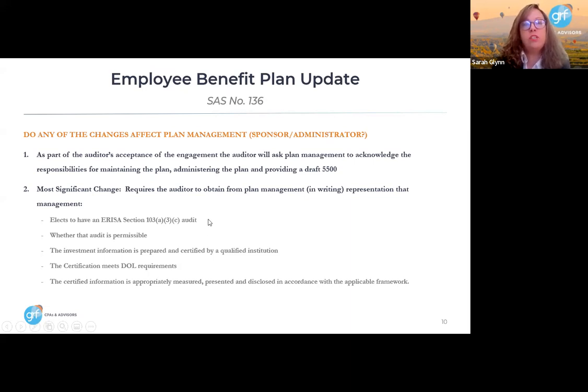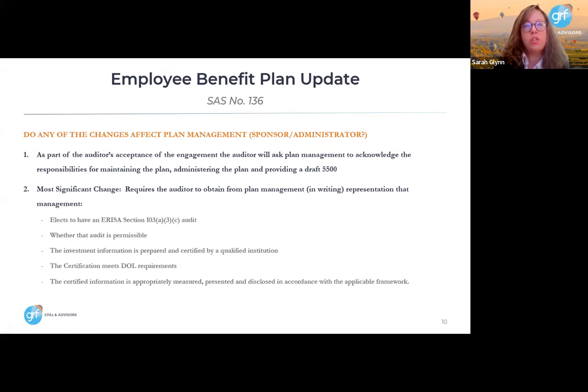So how do any of the changes affect plan management? As part of the auditor's acceptance and engagement, we will ask the plan management to acknowledge the responsibility for maintaining the plan, administering the plan, and providing us with the draft Form 5500.